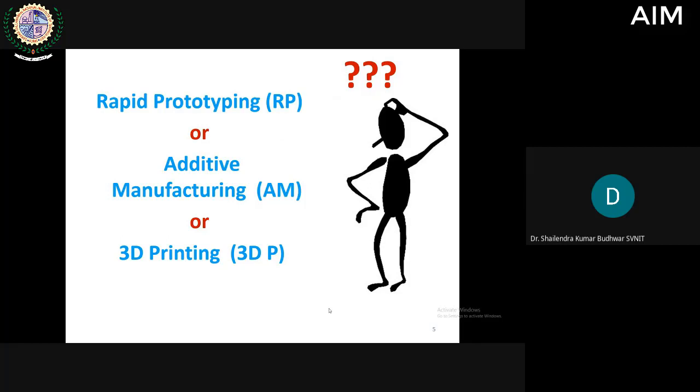The only difference is that if you are talking about rapid prototyping, then we are talking about the early application of this technology, when it came into existence in the mid-80s, around 1985. At that time, the main application of this technique was to prepare prototypes.